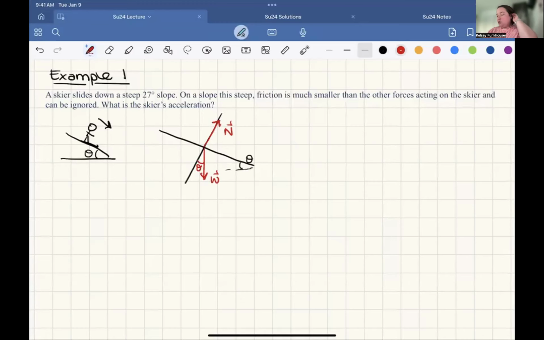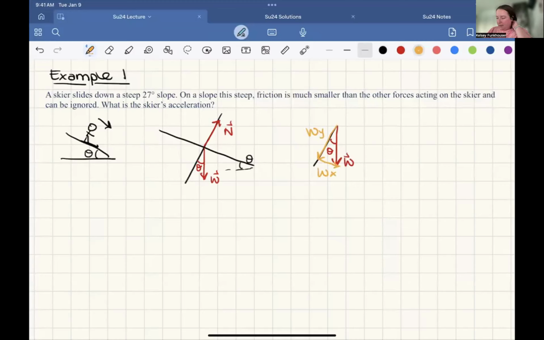So now I'm going to zoom in on the weight force because we have to look at the components. This is just another breaking of the vector into components. Here's the y component and the x component.